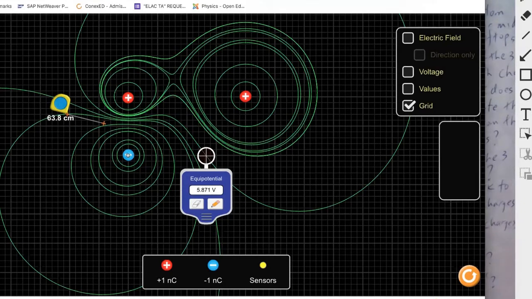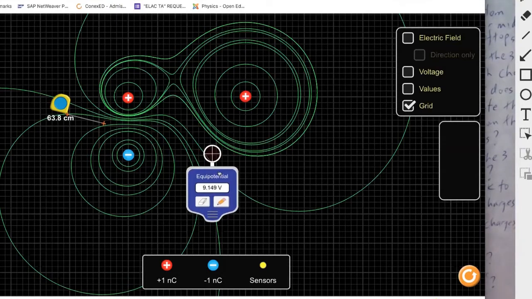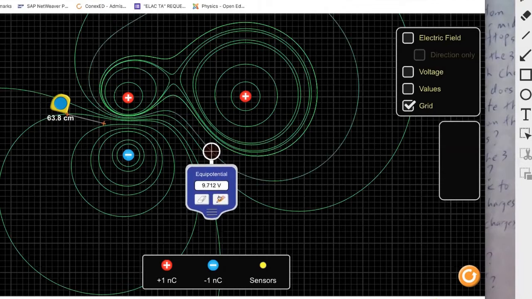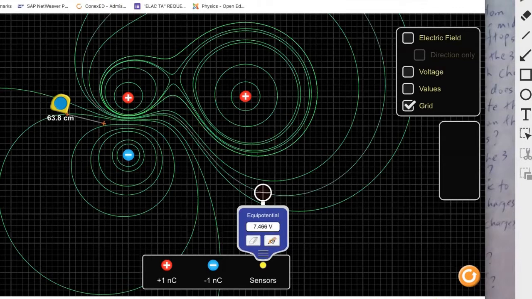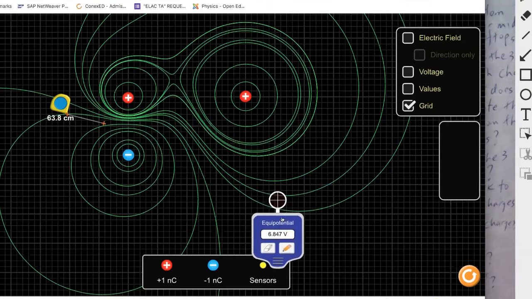You see, the negative charge represents a valley in the heights. And then these are like 2 mountain peaks. So you see the elevations here are higher and here are lower.